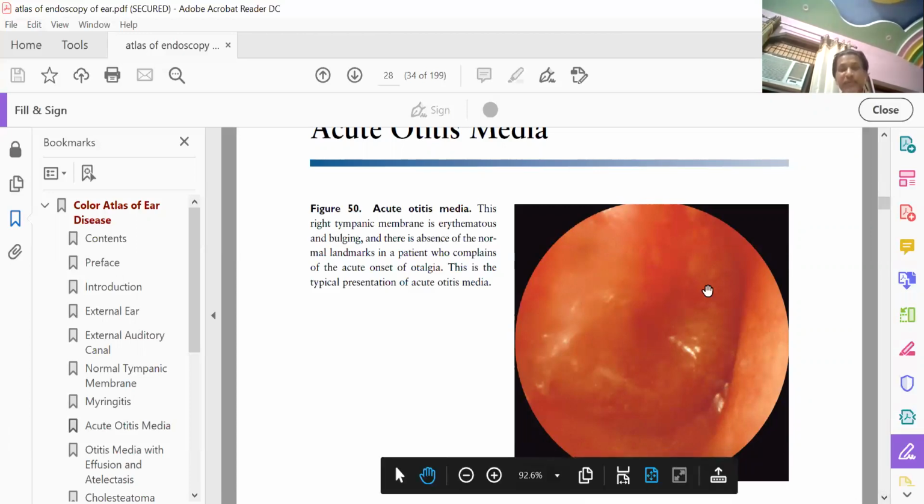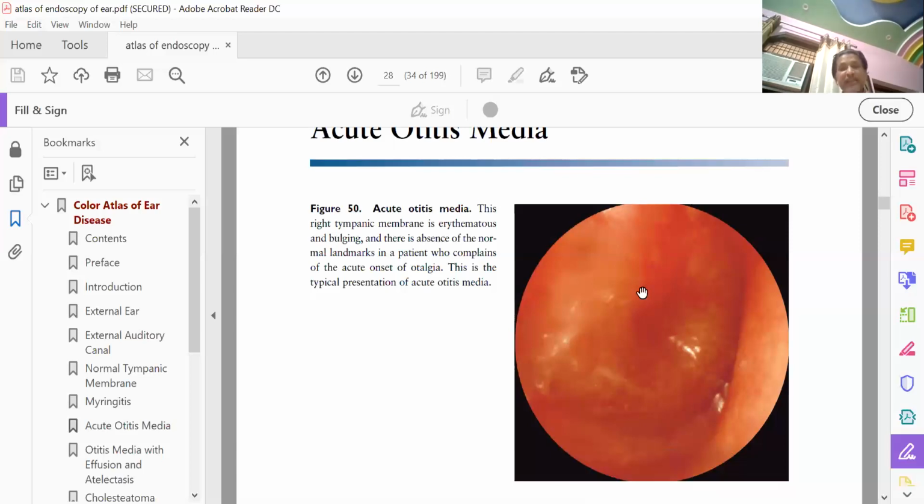Acute otitis media we have already covered and completed in previous classes. Acute otitis media is an acute inflammatory sequence of the middle ear. The middle ear is filled with transudative and exudative fluid, and the middle ear mucosa by and large undergoes inflammatory sequence. There is some fluid collection also.